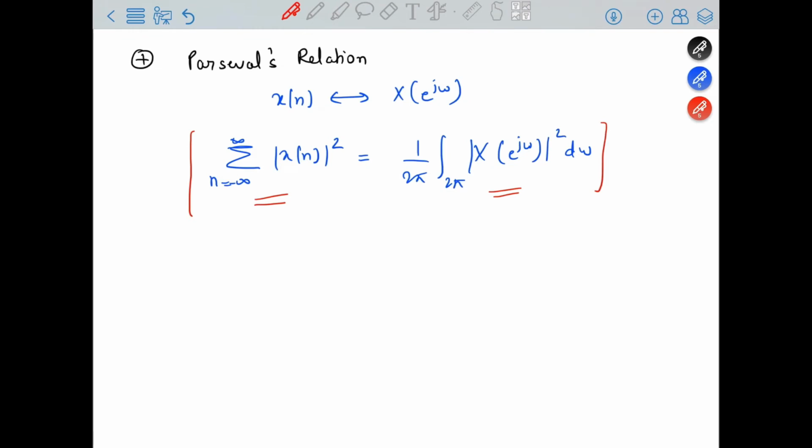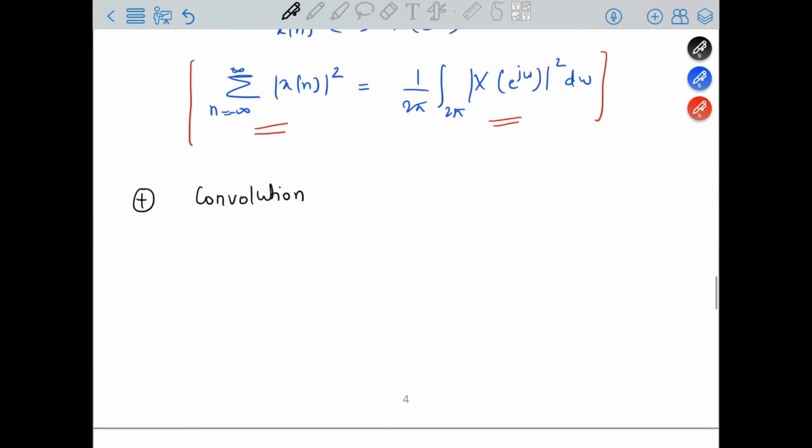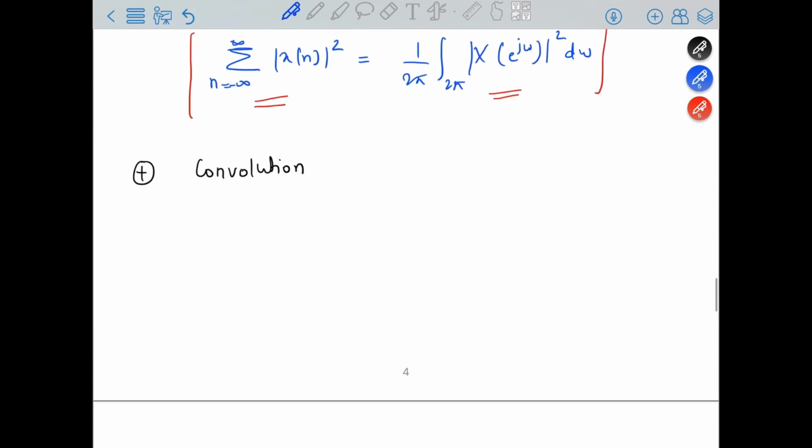We'll discuss the last property, the convolution property. The convolution property is very simple, as we have already derived and explained in the continuous time Fourier transform. We'll just give the statement of it, and we'll see some of the numericals related to all of these properties. y of n will be equal to x of n convolved with h of n.